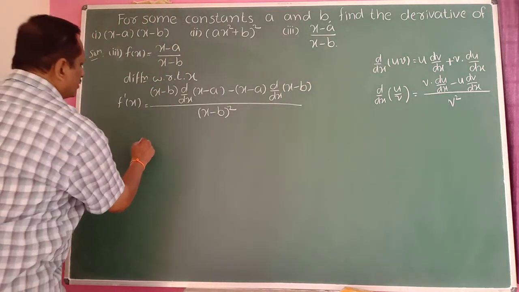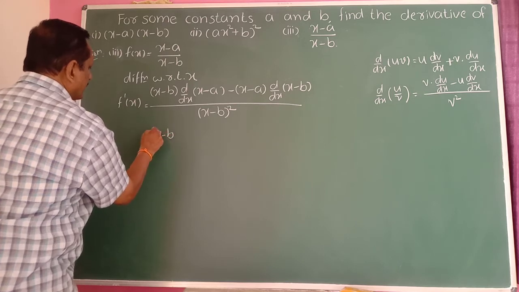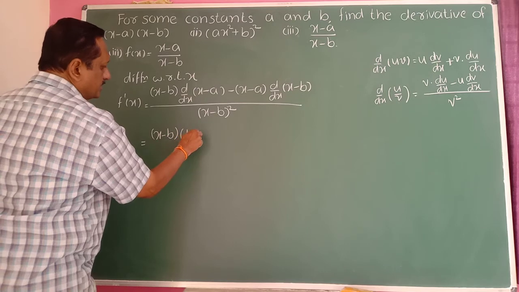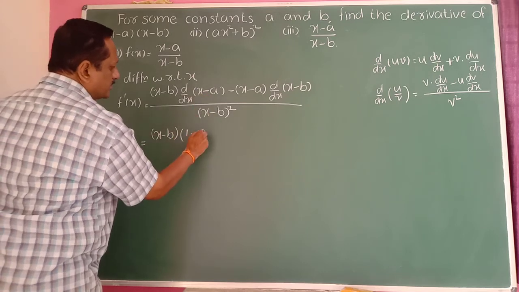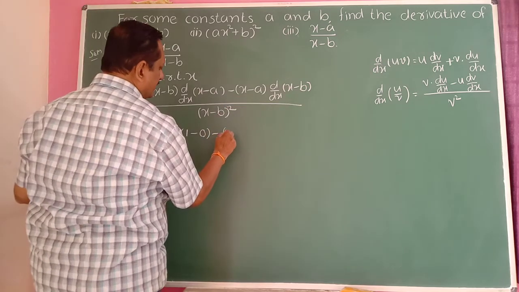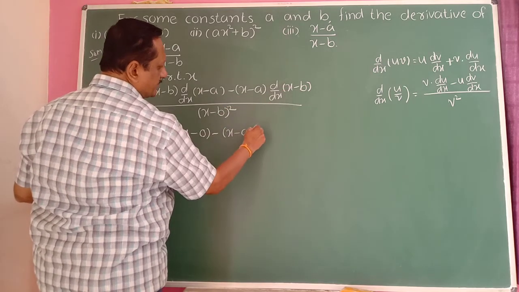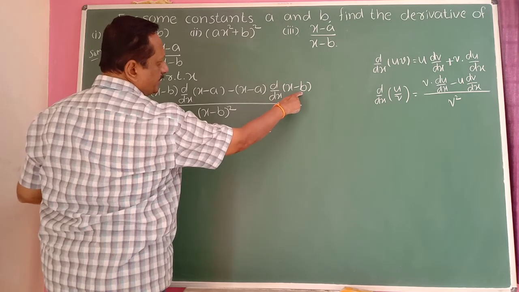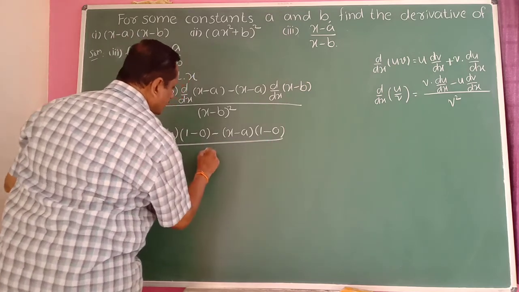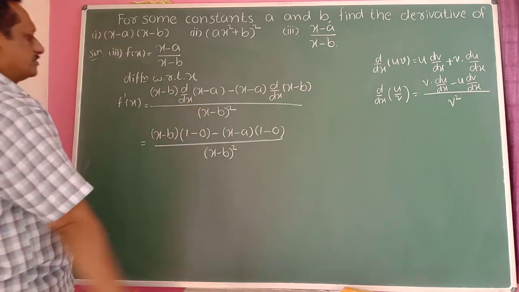Therefore this is equal to (x − b) as it is here into, x differentiation is 1, minus differentiation of constant becomes 0, minus (x − a) as it is, x differentiation becomes 1, minus differentiation of constant is 0, divided by (x − b) whole square.